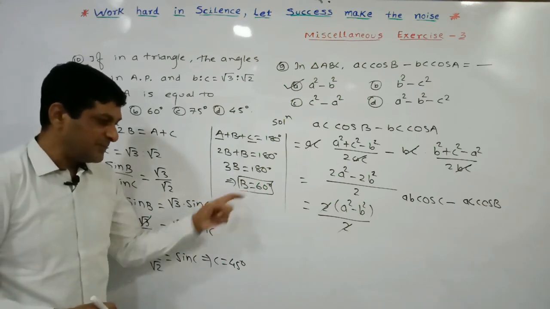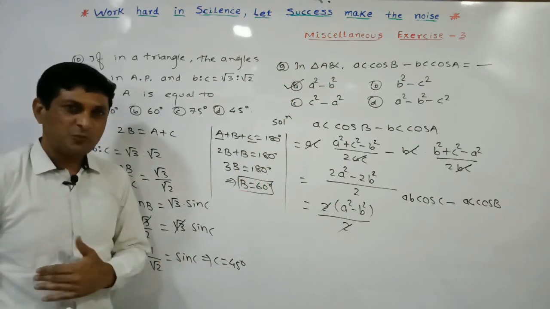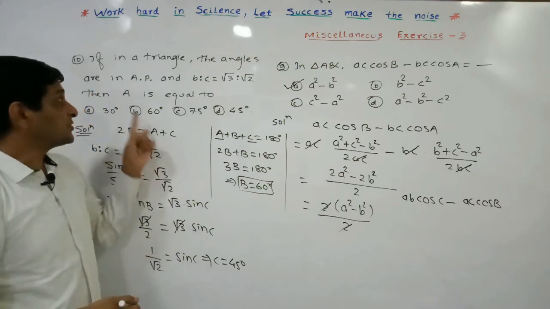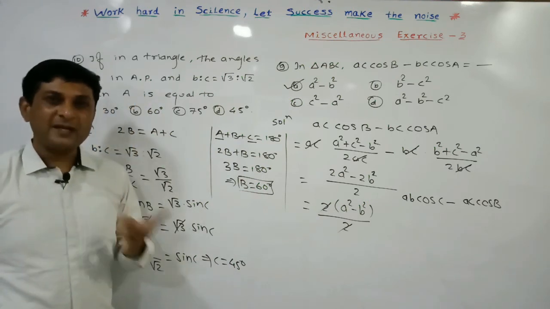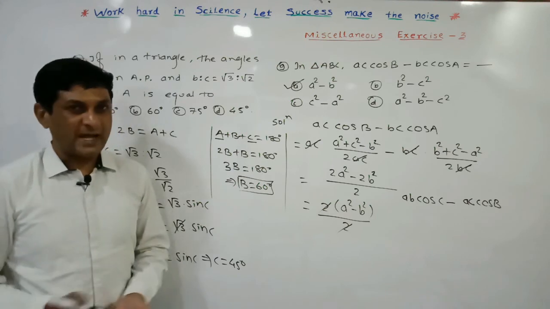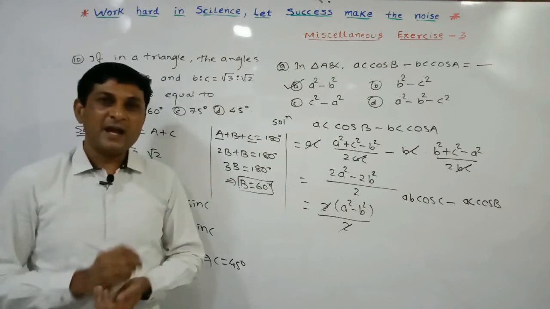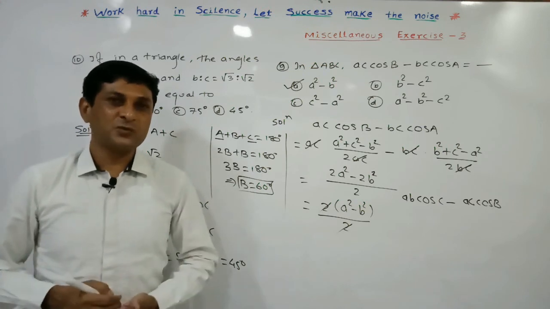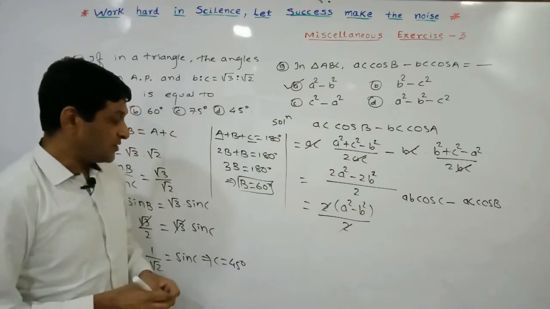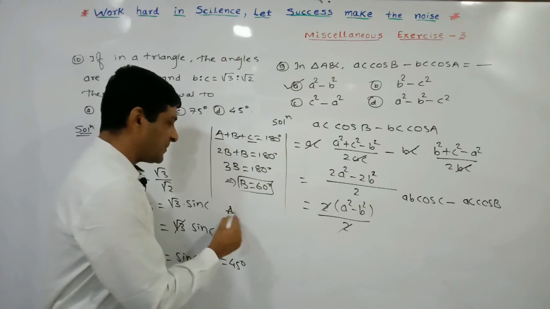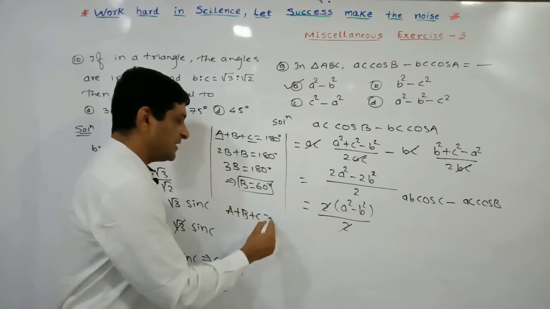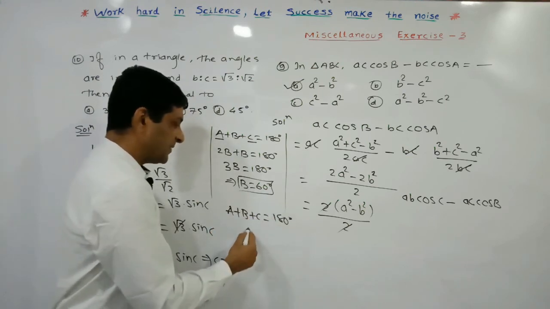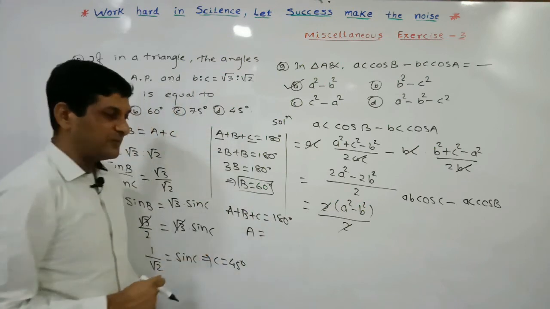In this way we have got two angles of this triangle. Which angles? Angle B is 60 degrees, angle C is what? 45 degrees. And the question is to find out angle A. So angle A can be found out by applying what? The angle sum property of a triangle, and the angle sum property of a triangle says that the sum of three angles is equal to what? 180 degrees. So using that result, that A plus B plus C is equal to 180, simplifying it, what value of A will we get here?